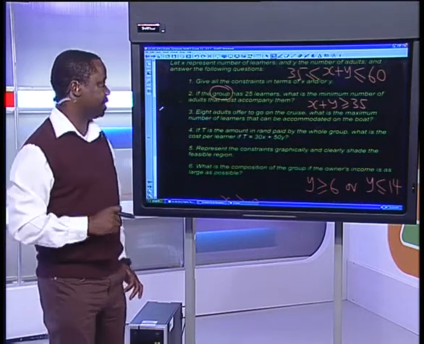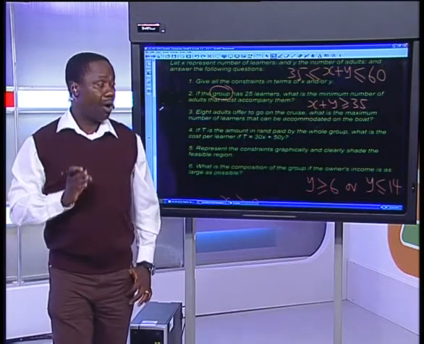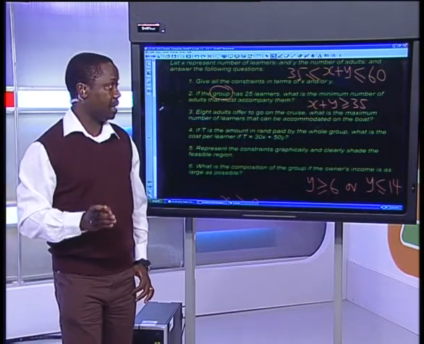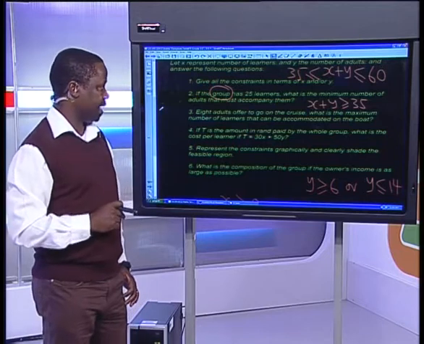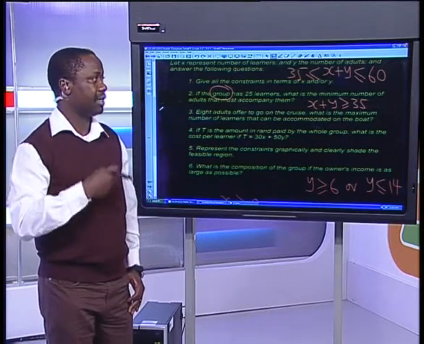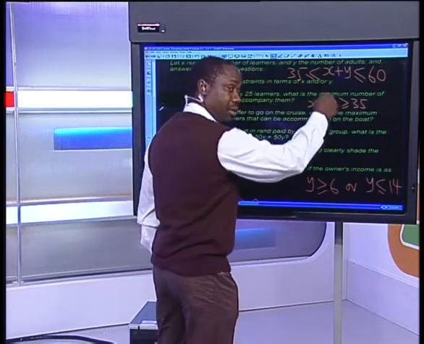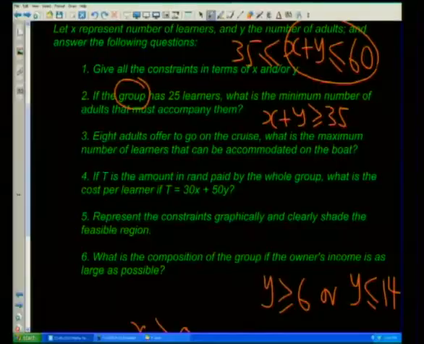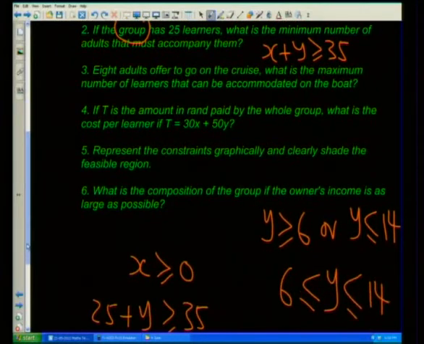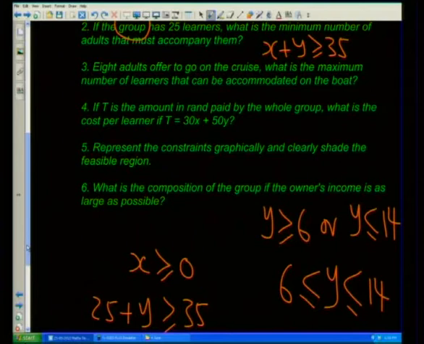The third question says, 8 adults offer to go on a cruise. What is the maximum number of learners that can be accommodated on the boat? Now, on the maximum side of the group, we said it is less than or equal to 60. And here we are talking about how many? 8 adults offer to go.